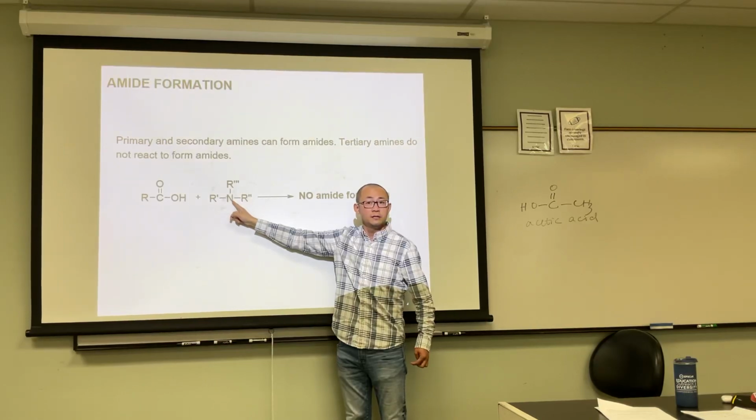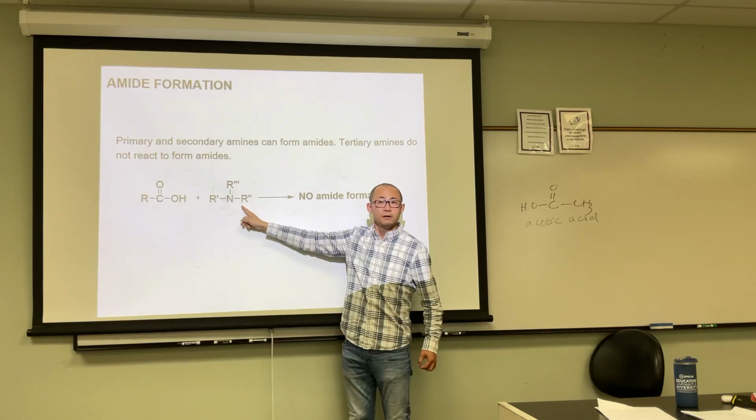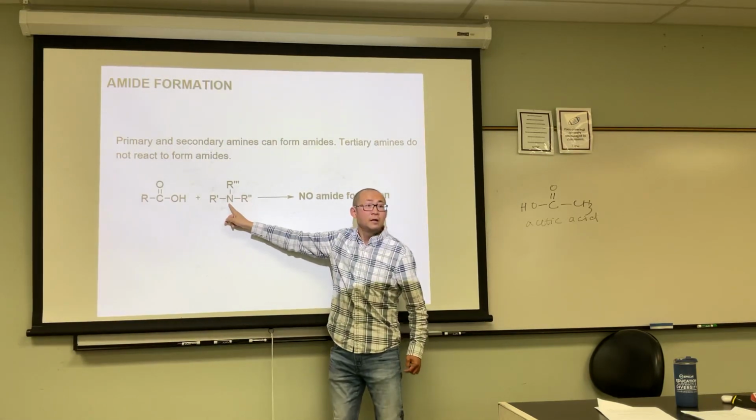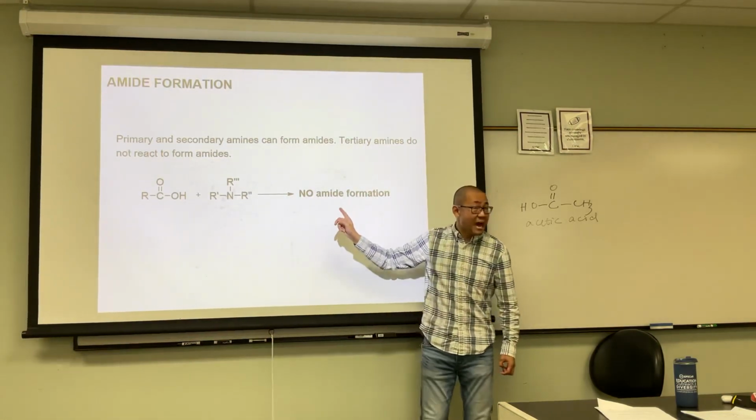Why is it tertiary? Because you have 3 R groups. But if you have 3 R groups, then the nitrogen doesn't have a hydrogen. So if you have a tertiary amine, you cannot make an amide.